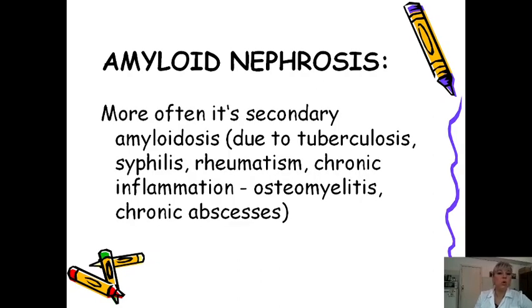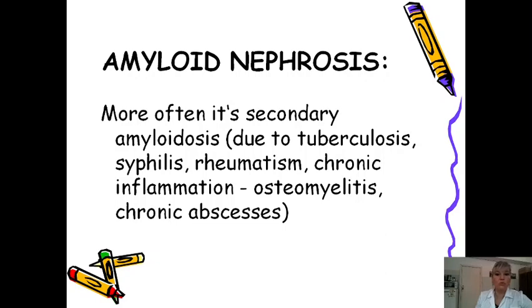What about amyloid nephrosis? More often, it's secondary amyloidosis. We talked about amyloidosis in many organs and in the kidneys too in the last semester. More often we see secondary. What does it mean? That means amyloid nephrosis is a complication of many diseases with destruction of our tissues and organs.